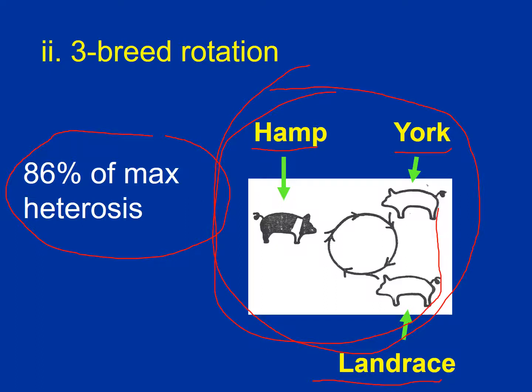Today in the swine industry, most people have gone to a 3-breed fixed crossing system, which we'll talk about in the next video. Today in dairy cattle, for people that are using rotational crossing, and we said about 10% of dairy cattle are crossbred, they're probably using a 3-breed rotation.